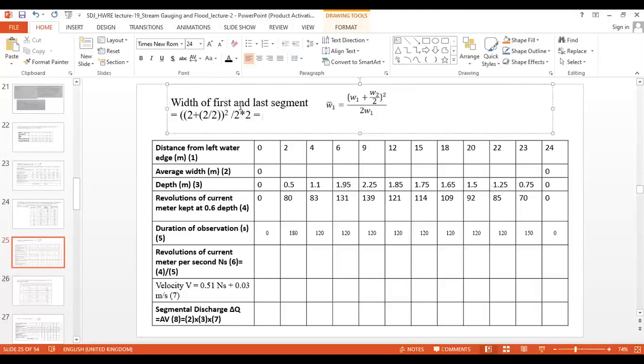This is for a first segment. 2.25 meters. Okay, this is for a first segment.